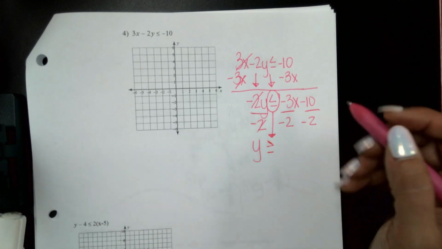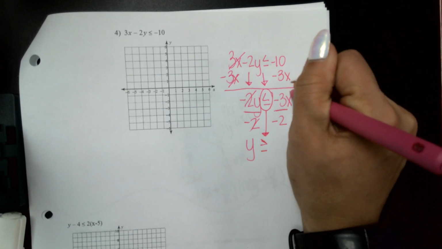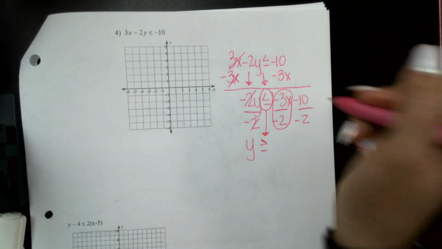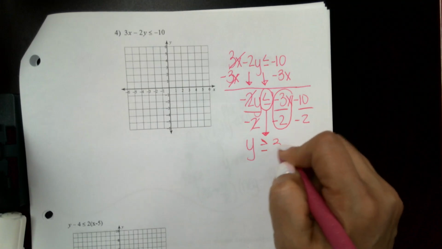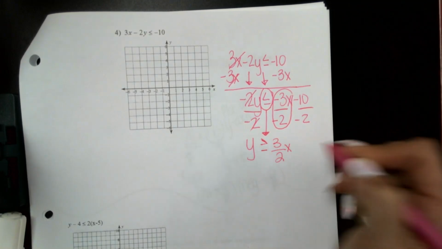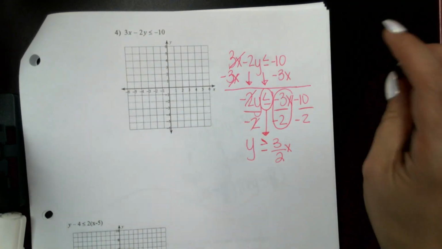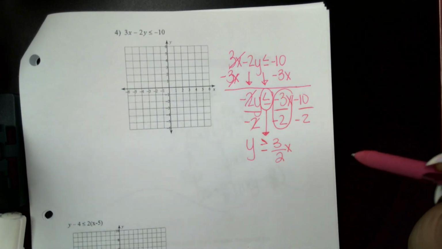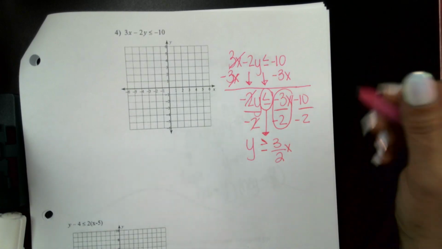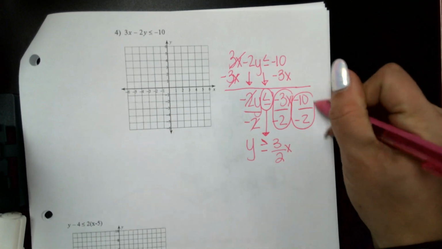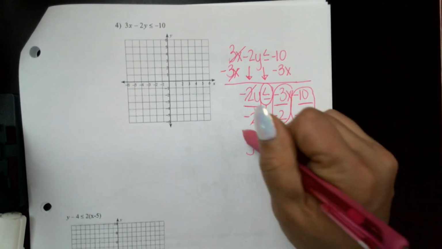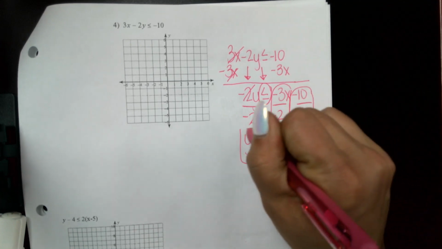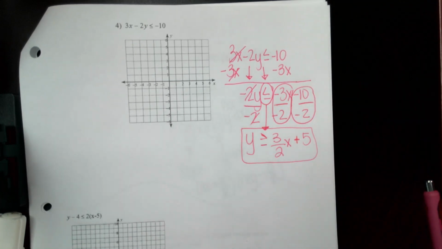Okay, what happens when you have two negatives? Turns positive, and does 3/2 reduce? Okay, so we're going to leave that as positive 3/2 x. And then when you do this division, negative divided by negative turns positive. So you've got +5. Okay, good job, nice job.